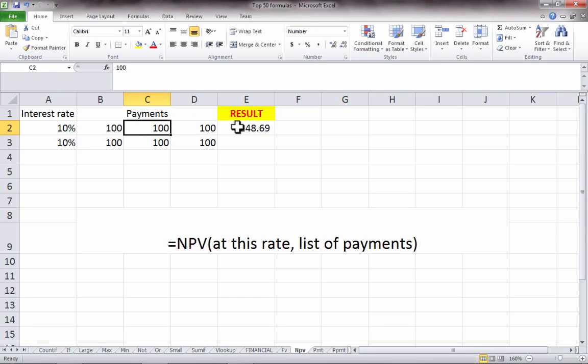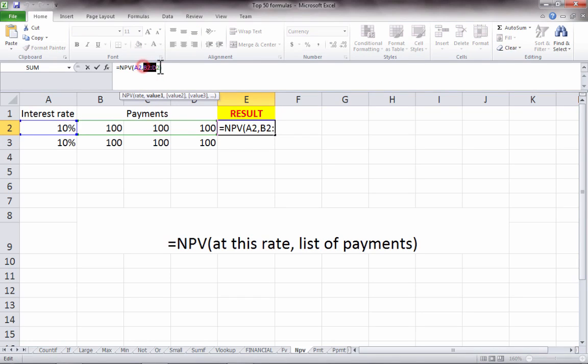Okay, so when you say $100, we're paying it over 3 years. It doesn't mean that it's $300. If you convert it to a net present value, then it will give you a smaller amount. So what we simply pass over here is the rate, and then a list or a range of values.